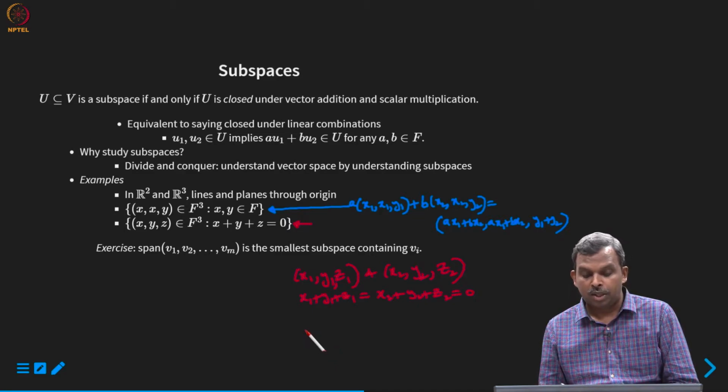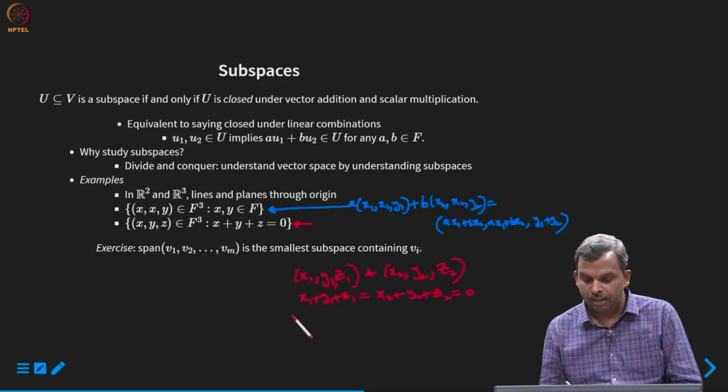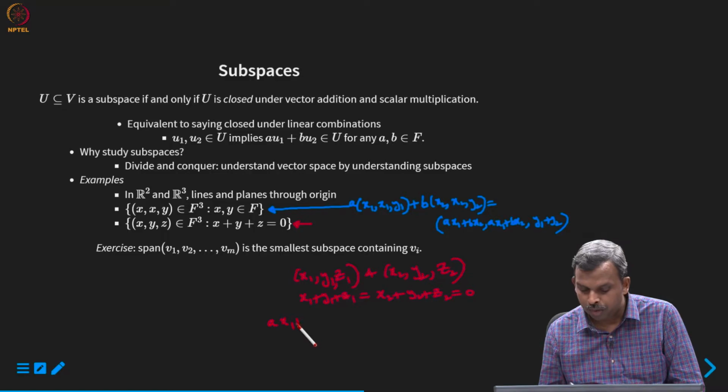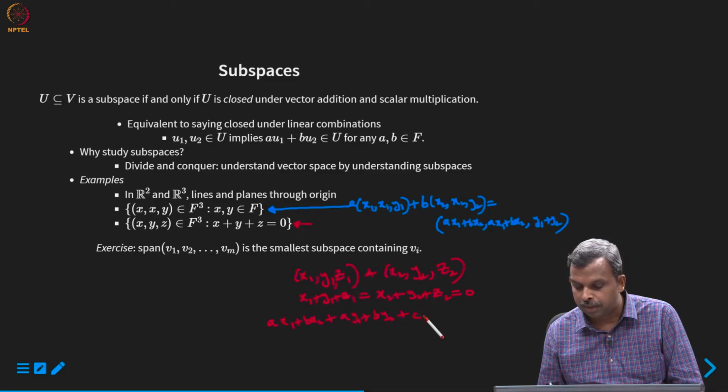So then what will happen if I do ax1 plus bx2? You see clearly that ax1 plus bx2 plus ay1 plus by2 plus az1 plus bz2, this is also 0.